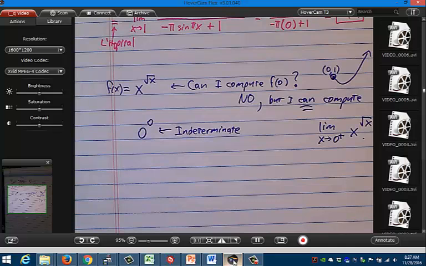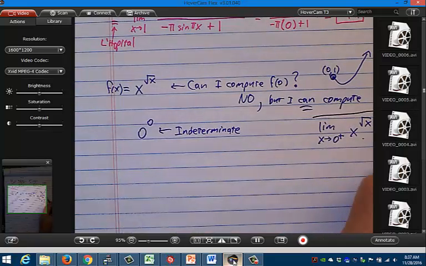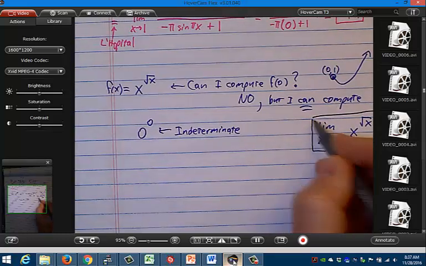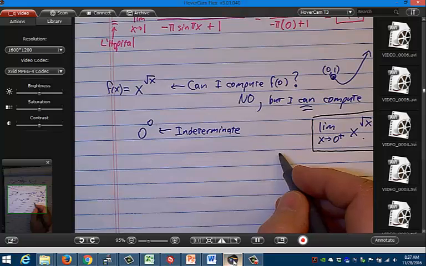How would I compute this limit? So basically, I'm going to write this problem in the following way, okay?